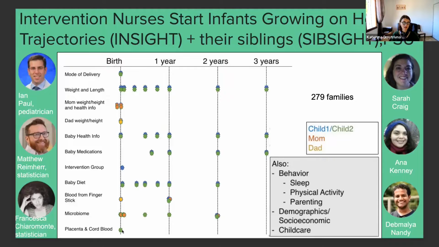And this is a very large study which included several collaborators, in particular Ian Paul, who is a pediatrician, who actually is interested in the social aspects of childhood obesity.